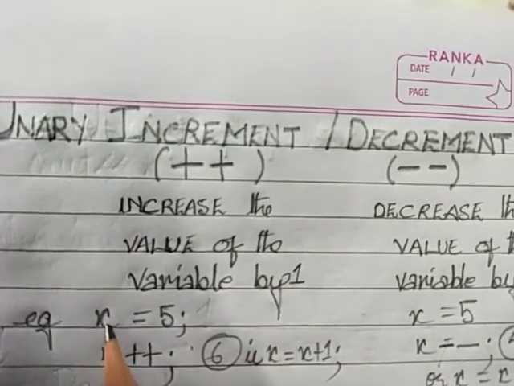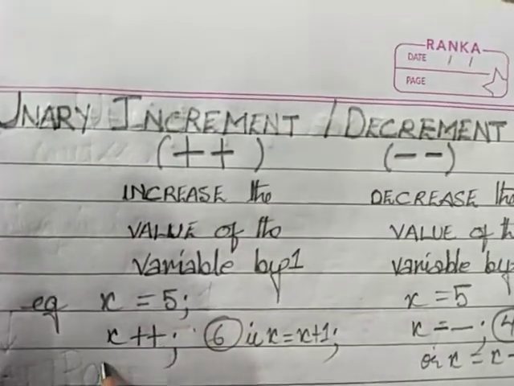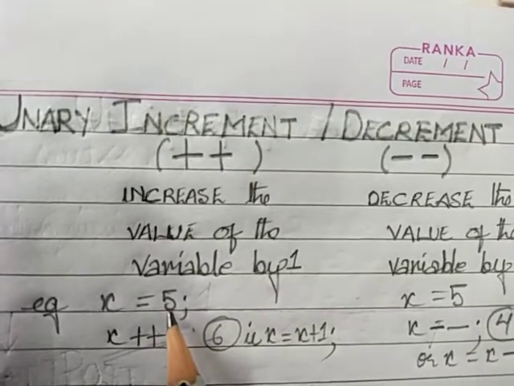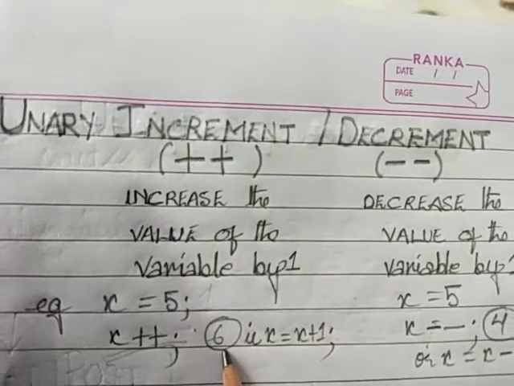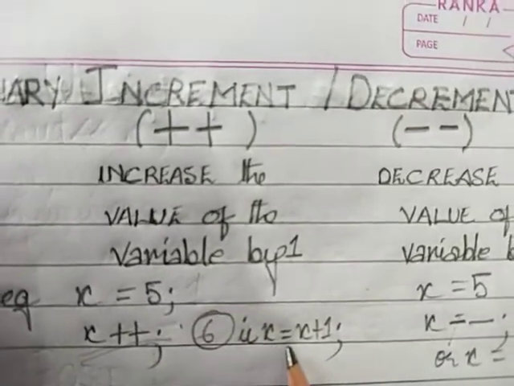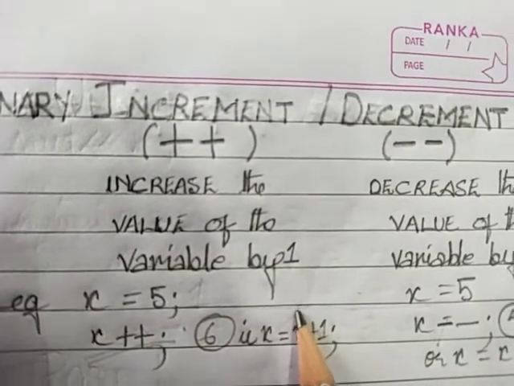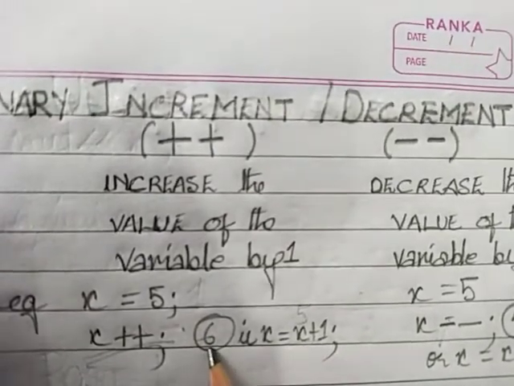Example, if x is equal to 5 and I write x++, it will increase the value of x from 5 by 1, and it will be 6. It is equivalent to the expression x = x + 1, or x = 5 + 1, and the output will be 6.